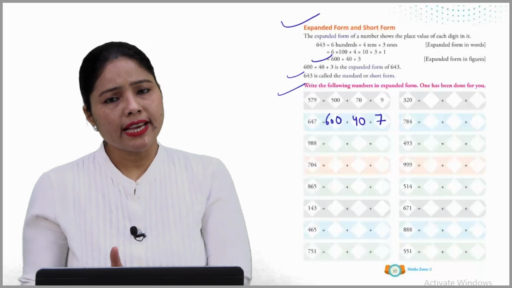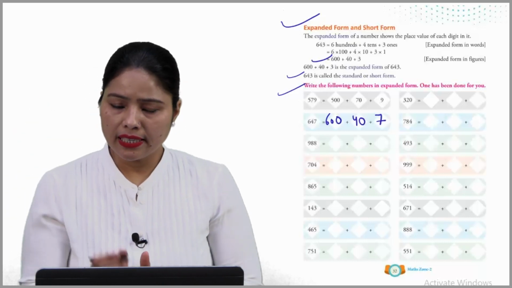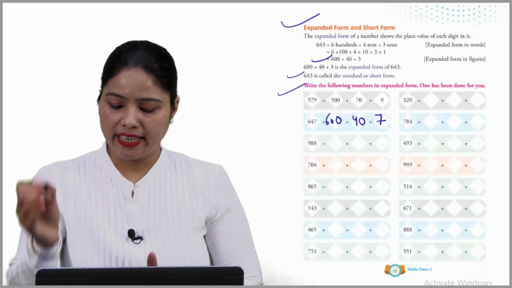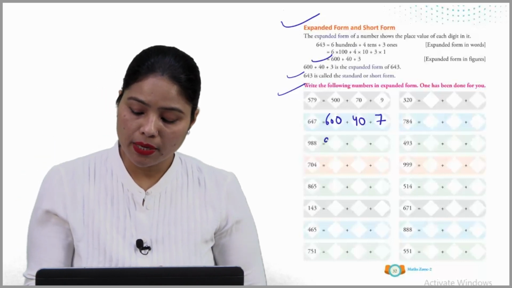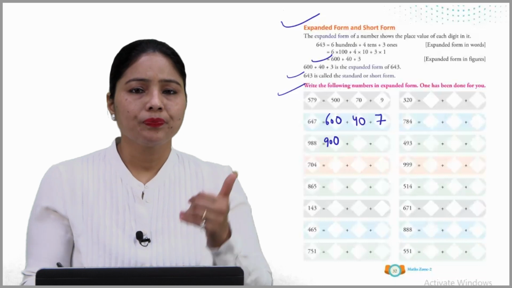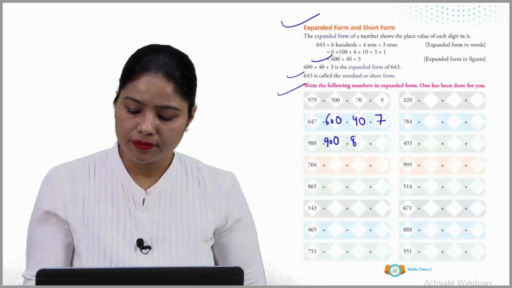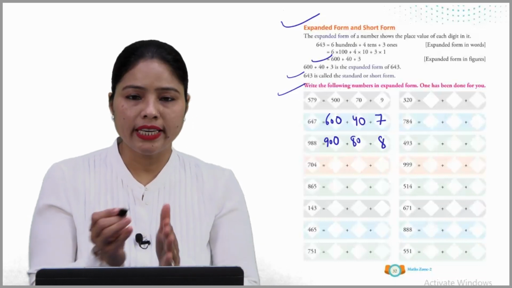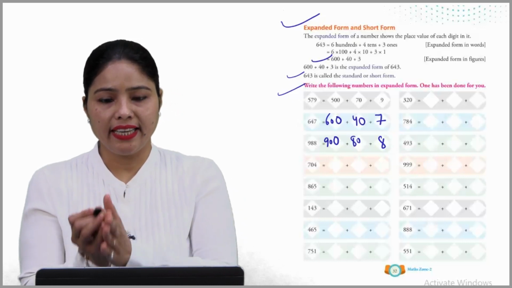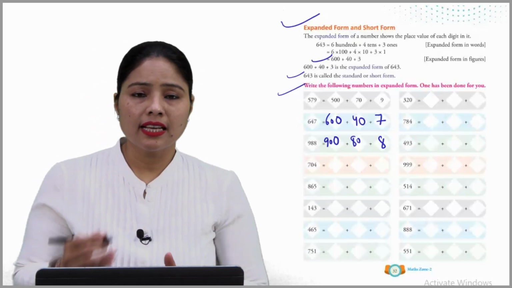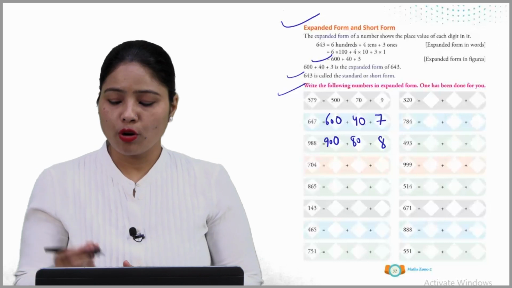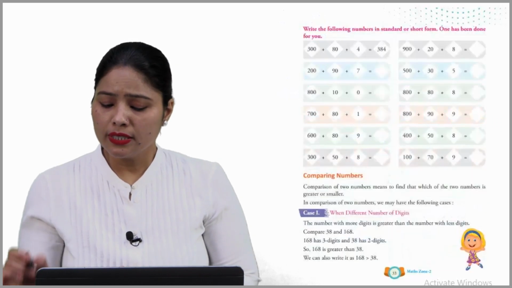Okay, so this is the expanded form. Similarly 988. So 900 का हमारा बना like this, 900. Then 80. Then 8. So it becomes 988. So beta, these are the other examples of expanded form. You have to fill it by your own nicely.